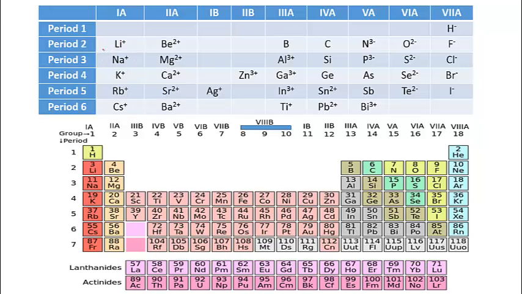Group 1A, the alkali metals, all form cations with +1 charges. Group 2A also form cations, but instead of being +1, they form +2 charges.